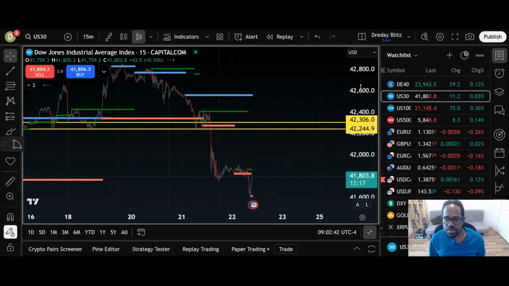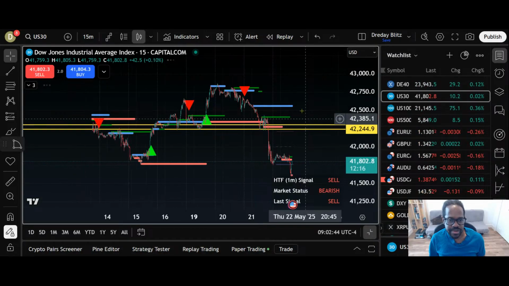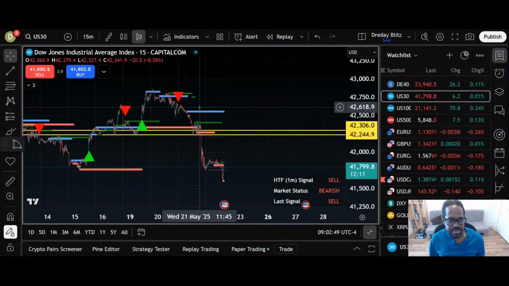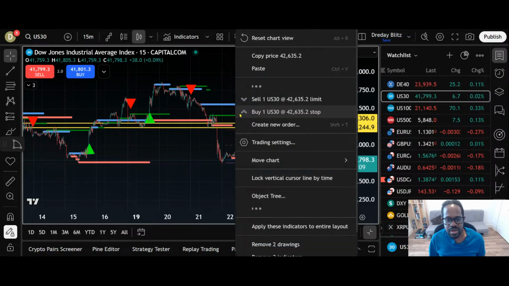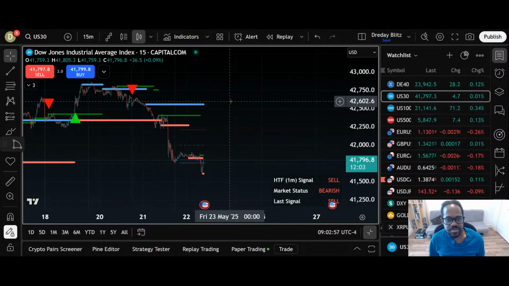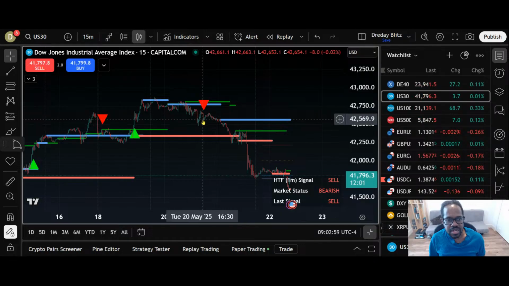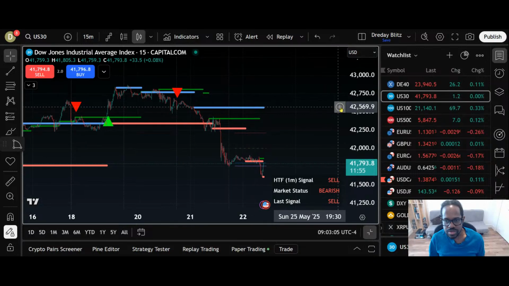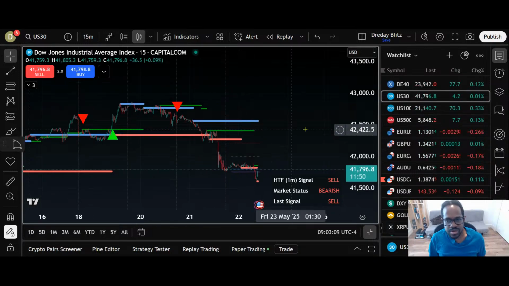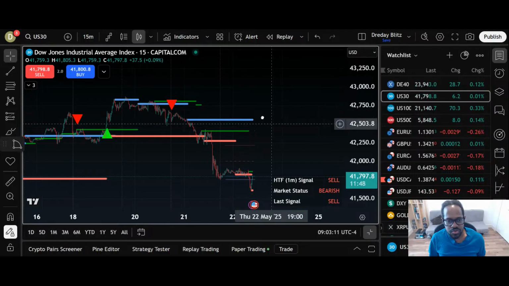So overall, what we're looking for is downward pressure in the market. Perfect. So we did have a sell here. Unfortunately, like I said on Wednesday, I missed that entry, so I didn't want to catch the move.